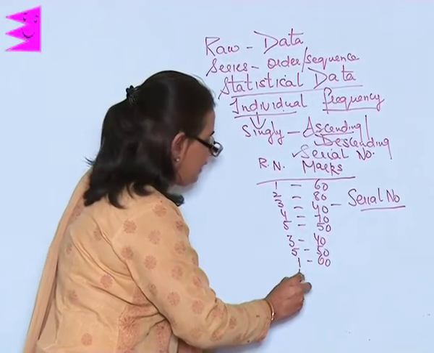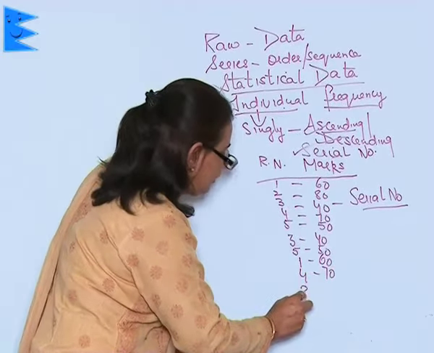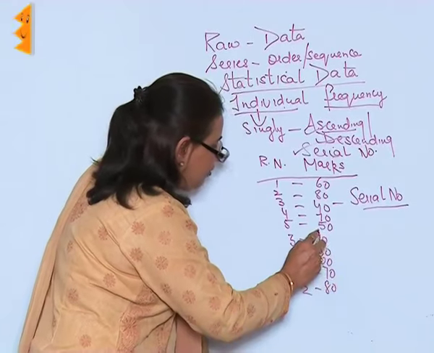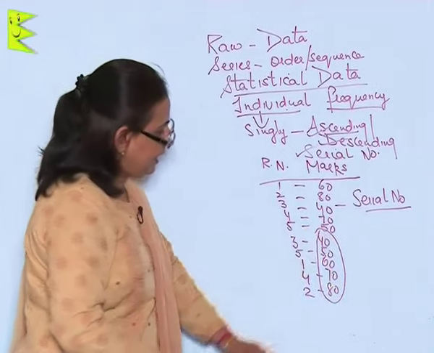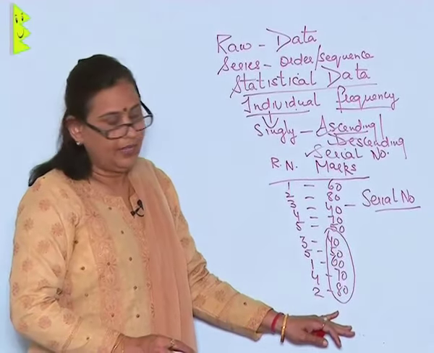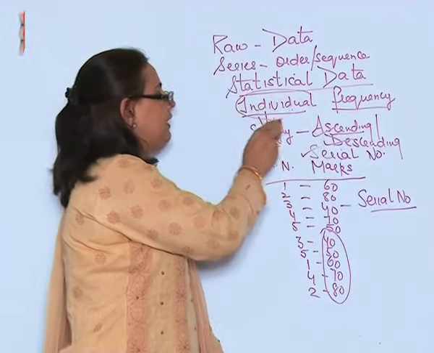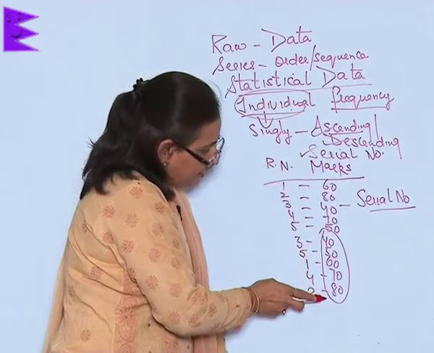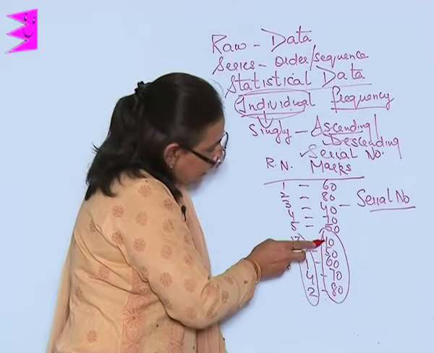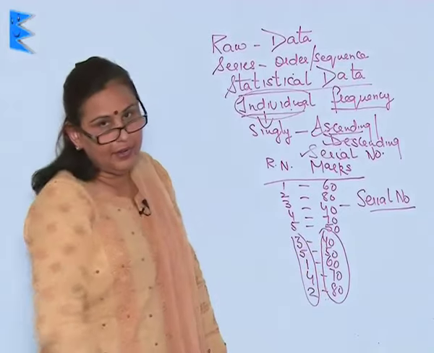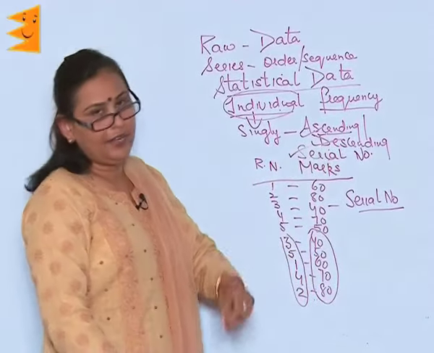Roll number 4 has got 70 marks and roll number 2 has got 80 marks. When this is presented in ascending order, then it is called the ascending order individual series. The information that we are getting is of individuals only, but it has been presented in ascending order. Now, let me put this data into descending order.